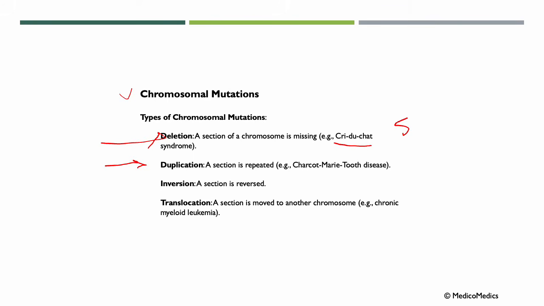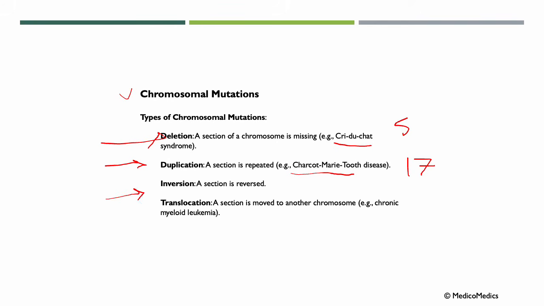Then we have duplication, where a segment of the chromosome is duplicated, leading to extra copies of genes. An example is Charcot-Marie-Tooth disease, often caused by a duplication on chromosome number 17, leading to progressive nerve damage.